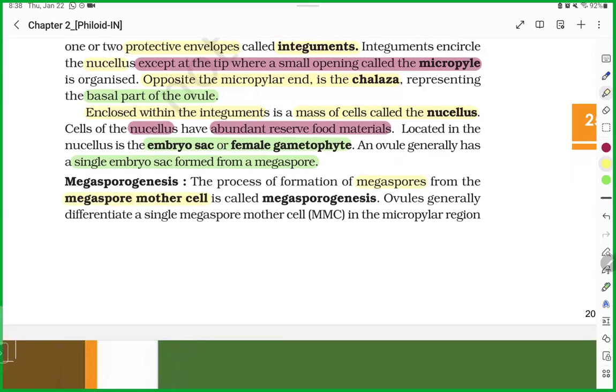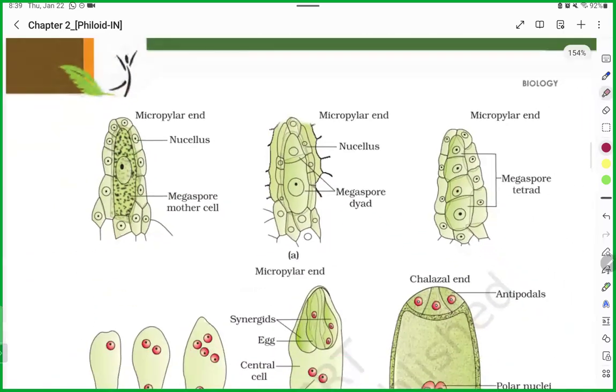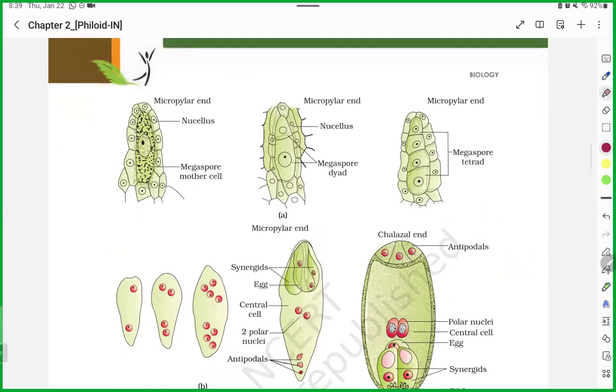The ovule differentiates a single megaspore mother cell at the micropylar region. This word is really important: micropylar region. Here I am not teaching you, I am just telling you where to focus in biology. Many easy things I'll skip.